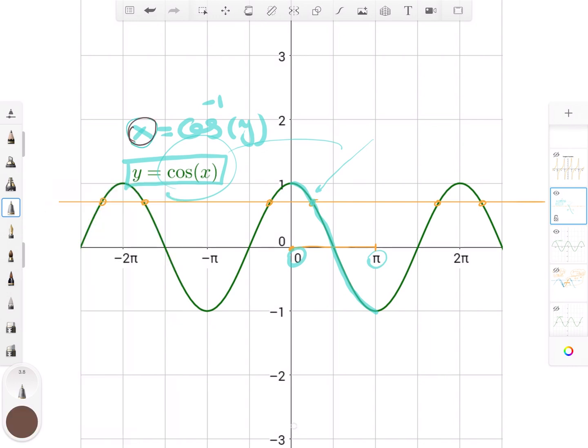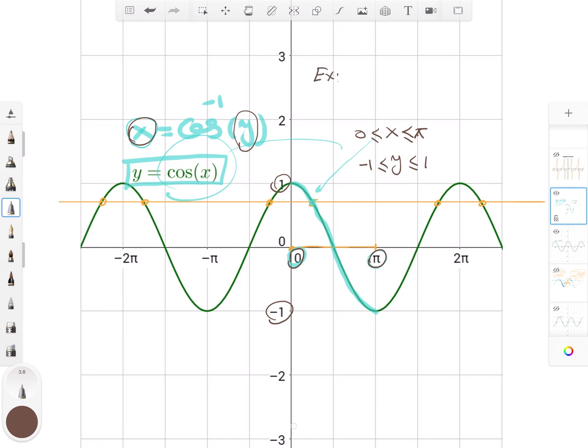This x, the output of the inverse, should be between 0 and pi. And this y has to be from negative 1 to positive 1. Only on this condition does cosine have an inverse.